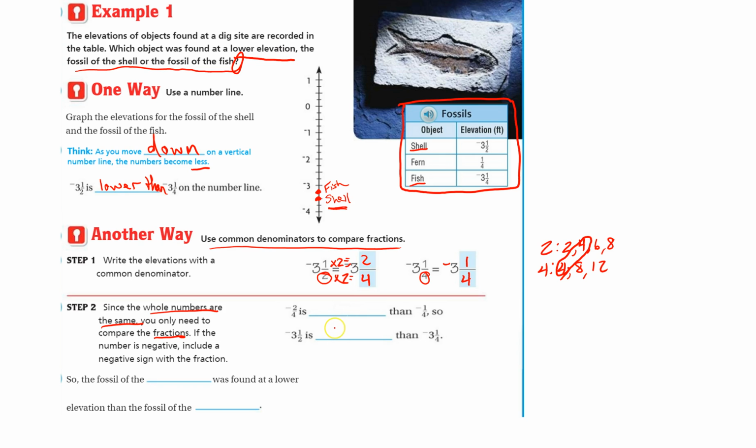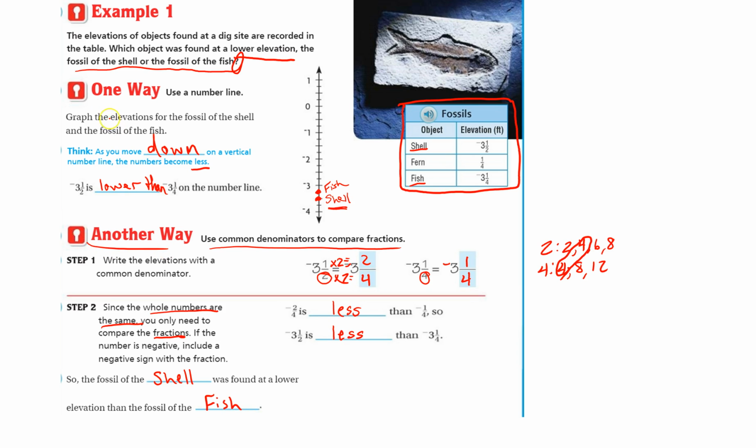Well, -2/4 is less than, here we'll use the word less than 1/4. So -3.5 is less than -3 1/4. So the fossil of the shell was found at a lower elevation than the fossil of the fish.